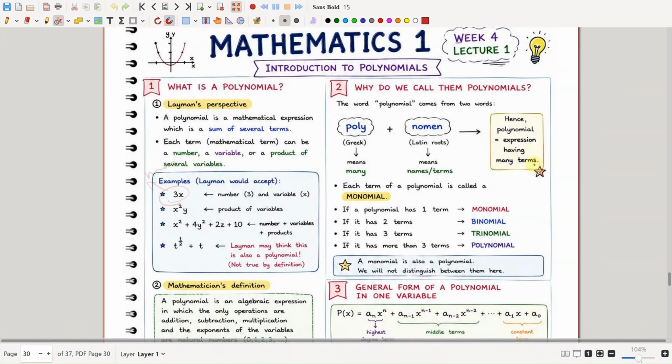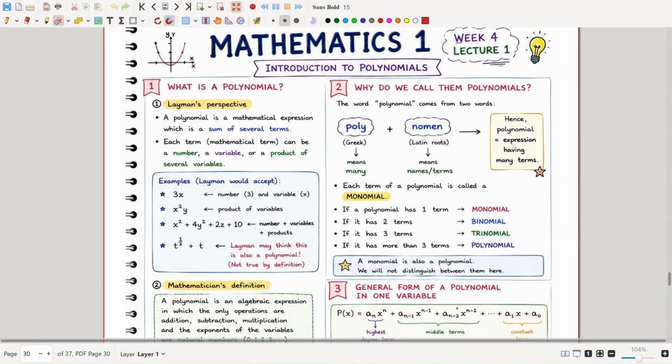And see here, ax plus b, we have two terms, so it is called a binomial. And ax square plus bx plus c, we have three terms here, so it is a trinomial. And if we have more than three terms, that is ax cube plus bx square plus cx plus d, there are four terms here, right? Then greater than 3 means it will be a polynomial. A monomial is also a polynomial, but we will not distinguish them here.